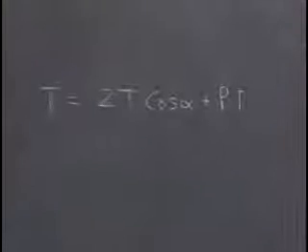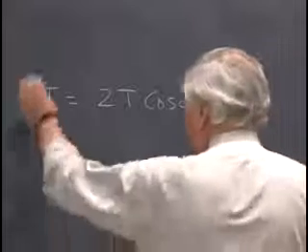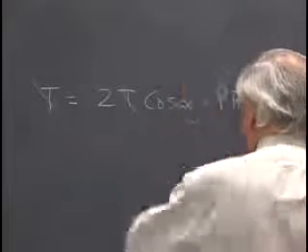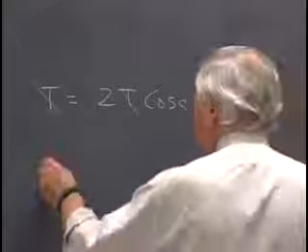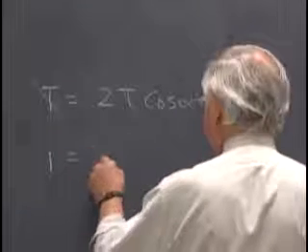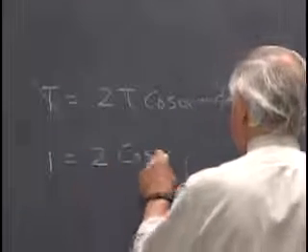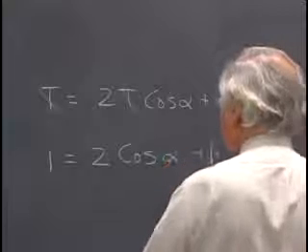The first thing we can see is that the magnitude of t drops out, because this construction and the constraint it embodies in no way depends on the magnitude of the translation. So this says then that 1 is equal to 2 cosine of alpha plus the integer p.